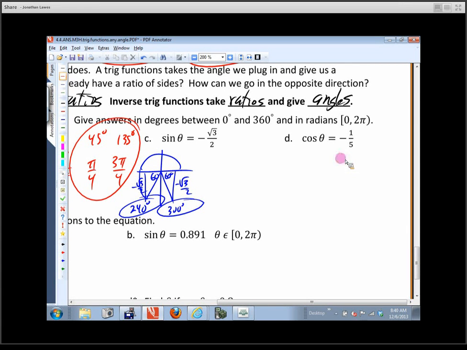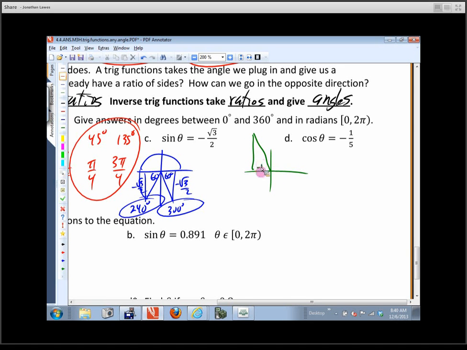Let's take a look at this one because this one's completely different. All three of the ones that we just got done doing had recognizable ratios. So if I were to do this problem right here, there are a couple different ways I can think about it. Okay, which coordinate is the cosine on the unit circle? The x-coordinate. The x-coordinate here is negative, so I could do this.